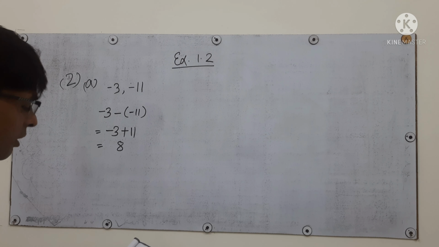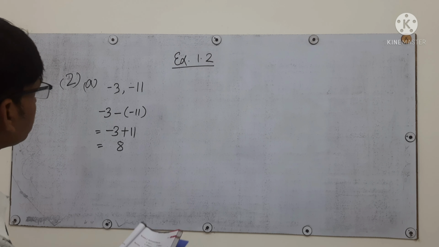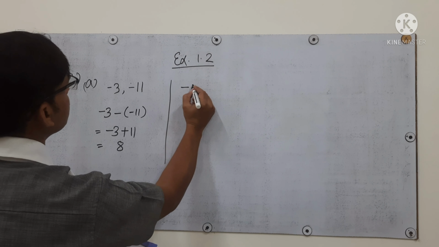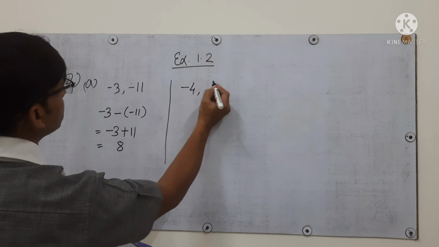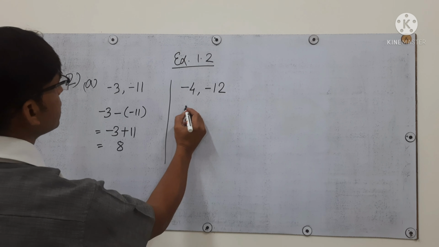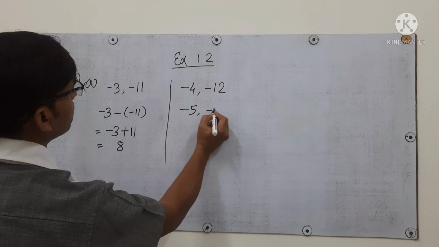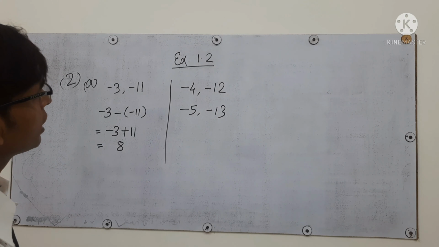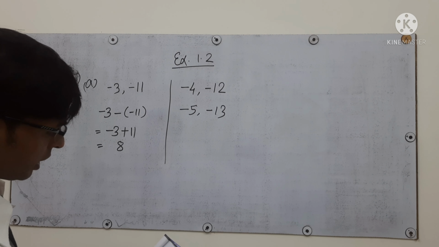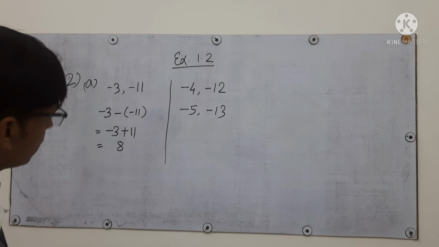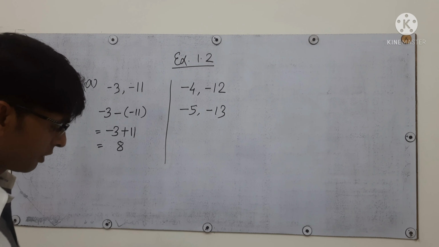Similarly, we can take other pairs also. Just imagine -4 and -12, or we can take -5 and -13. So here we can take an infinite number of integers, and when we take their difference, it will always give 8.